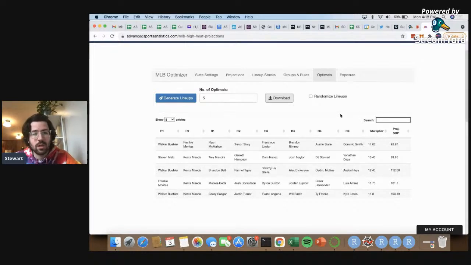Really good way to manage lineups at scale. So I encourage you guys to check that out. If you are trying to submit many lineups through an optimizer, the MME download and upload functionality is pretty slick. And I know optimizers across the industry have that functionality, so you can use that in your optimizer of choice as well.